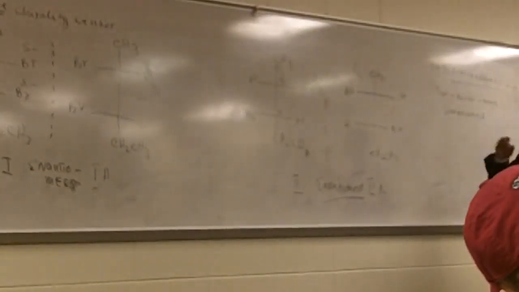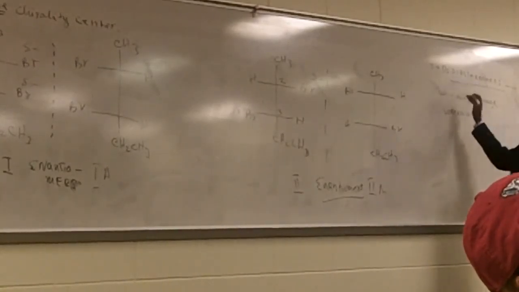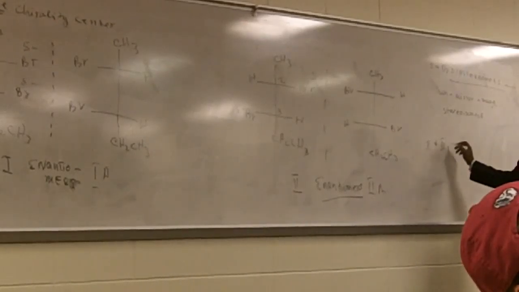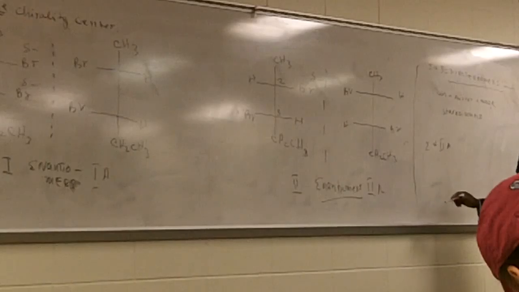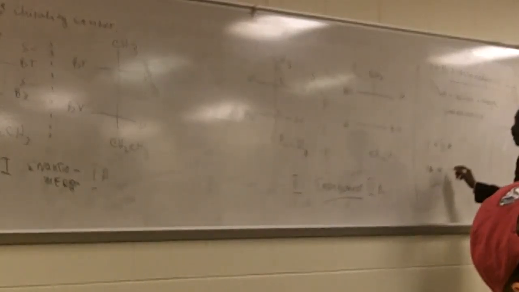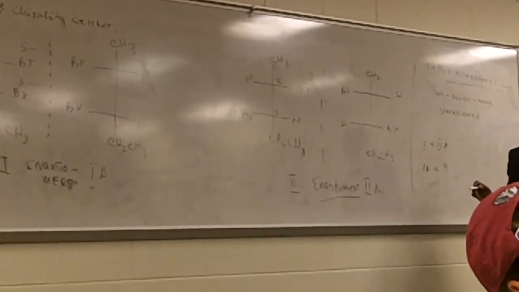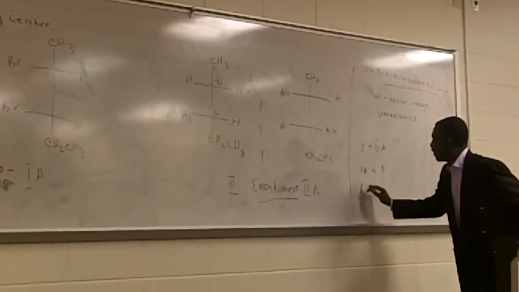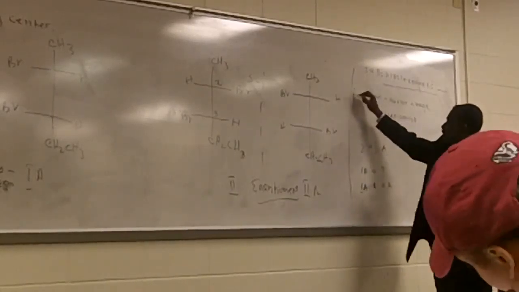Any relationship between 1 and 2, a diastereomer, 1 and 2A is also what? Diastereomer. 1A and 2 are also what? Diastereomer. And then 1A and 2A are also what?